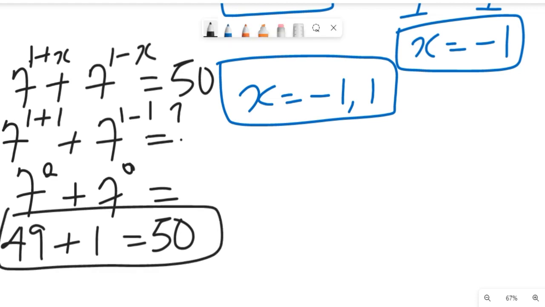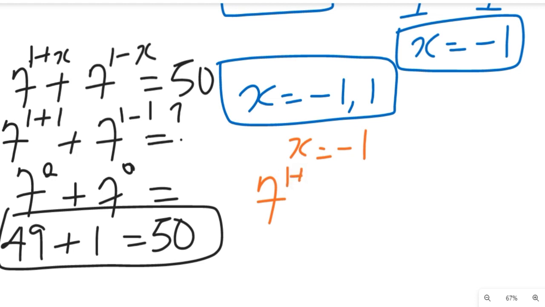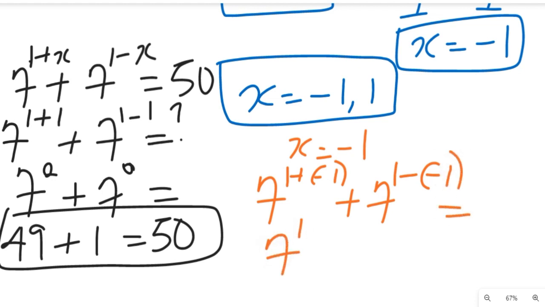That confirms that. So if we go the other way around, using x equal to minus 1, we'll have 7 to the power of 1 plus bracket minus 1, plus 7 to the power of 1 minus bracket minus 1. So this will give us 7 to the power of 1 minus 1 plus 7 to the power of 1 plus 1.